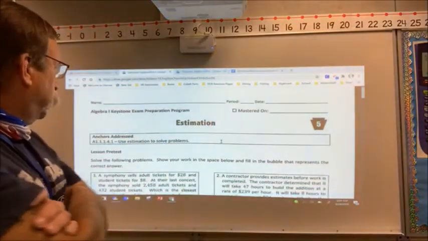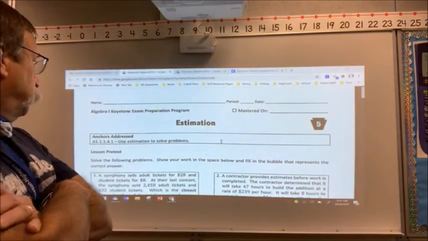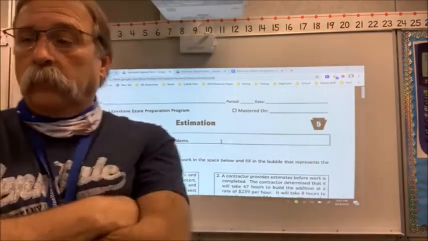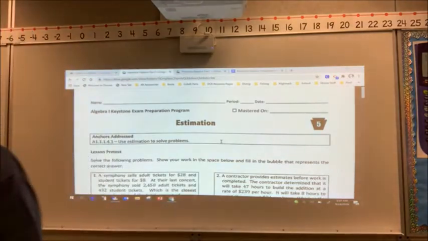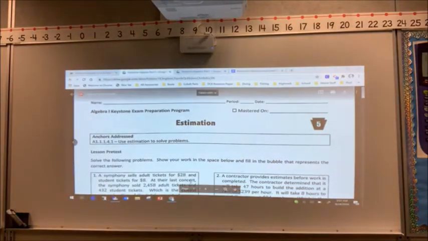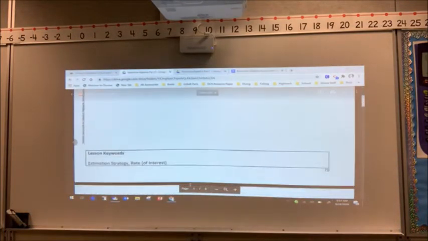Okay, it's titled Estimation. So we'll get right to the key concepts here. Lesson vocabulary: estimation strategy and rate of interest.